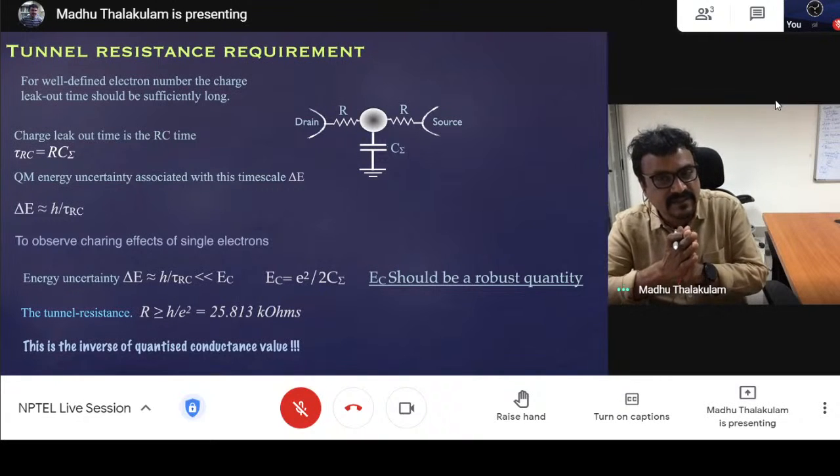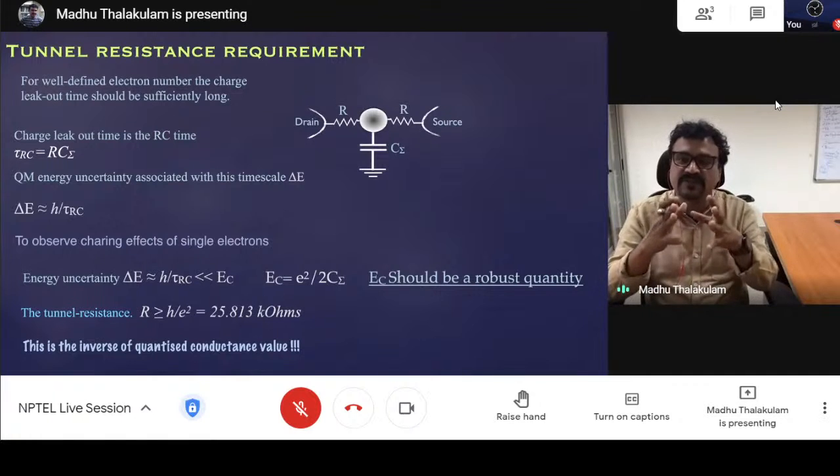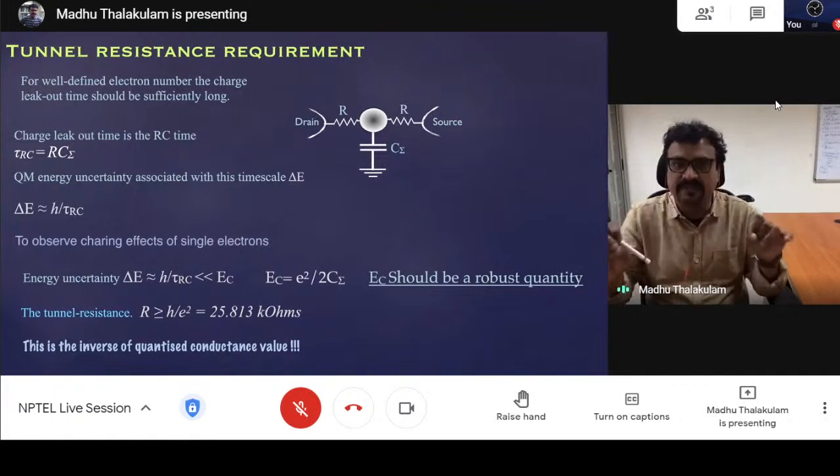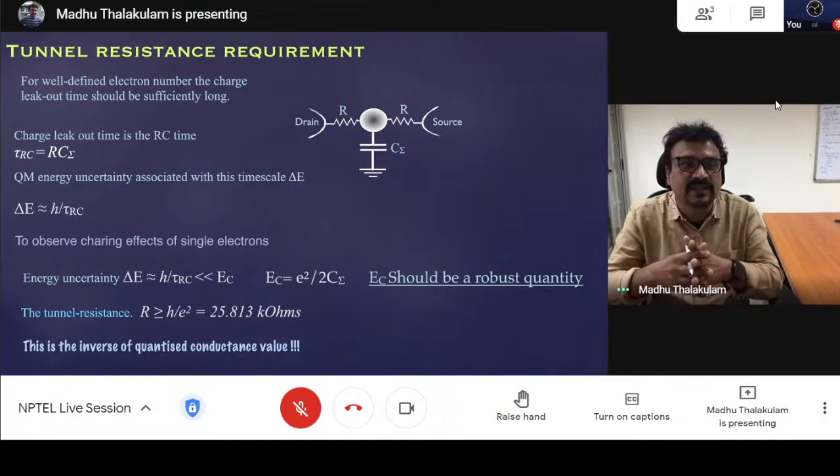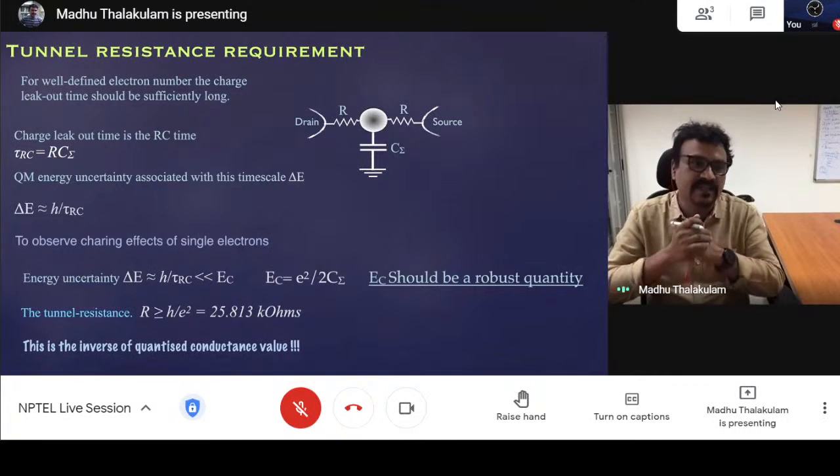What that means is, whenever you observe it, the electrons are always there. That means the leak-out time for electrons to the rest of the world through the circuit put forth by you is sufficiently long, or the electron stays almost all the time inside.